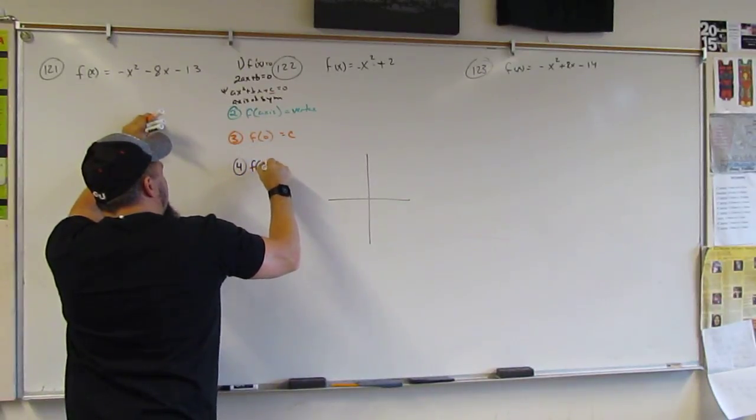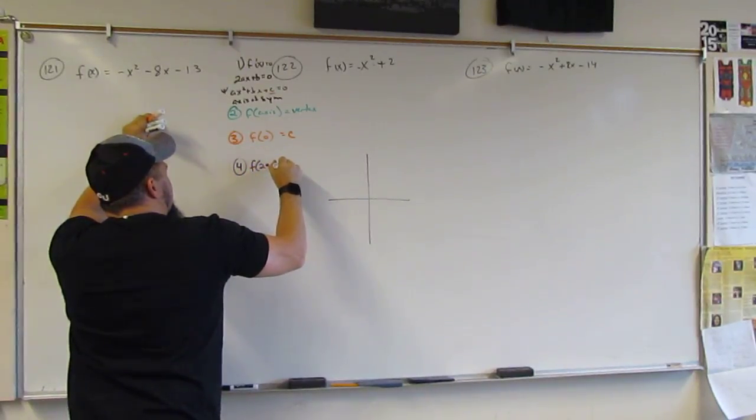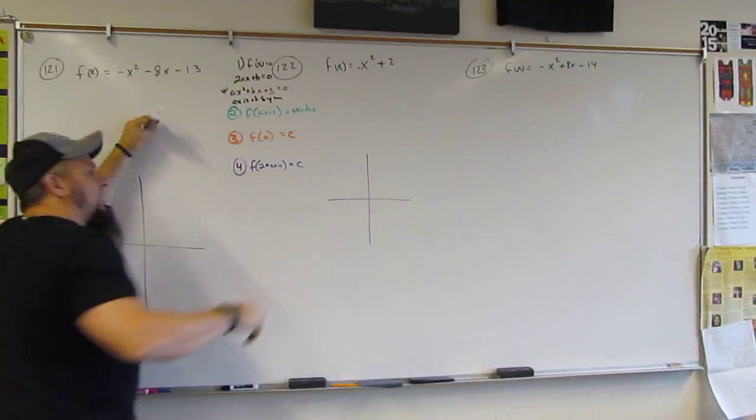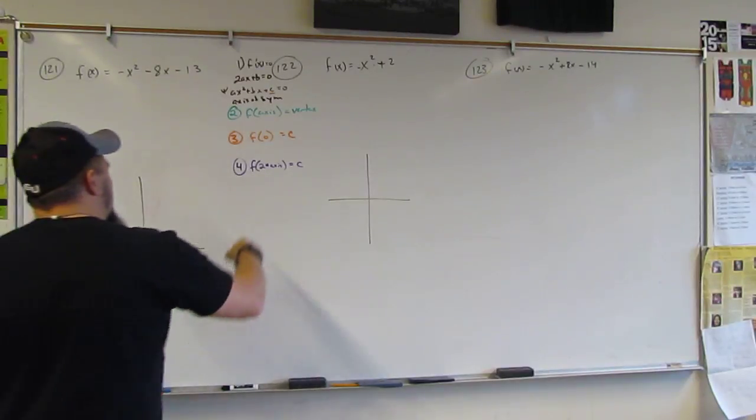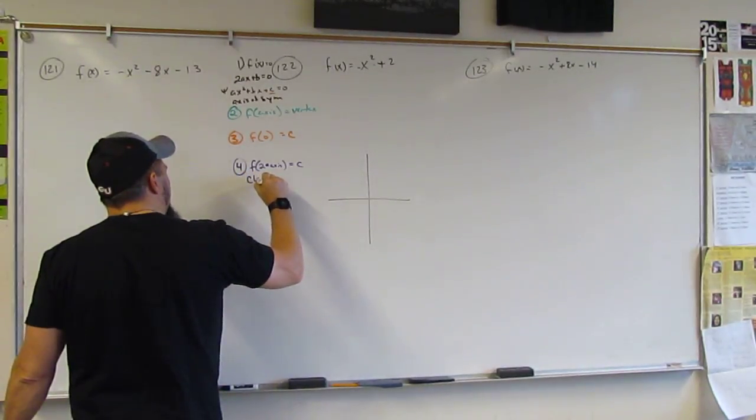So we take 2 times the axis, right? And that should equal c also. So it's a nice, easy way to check your graph. So this is what I call the check step.